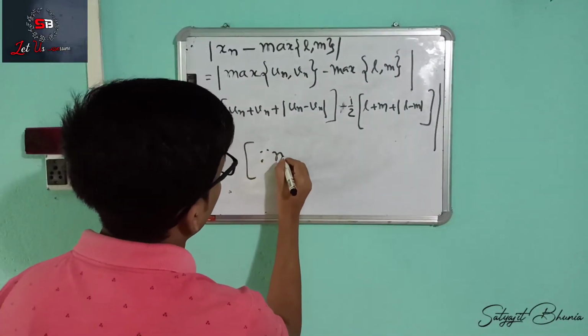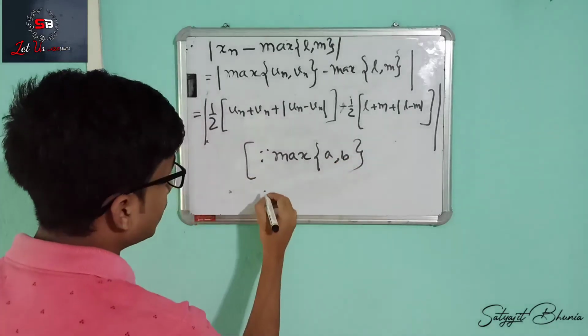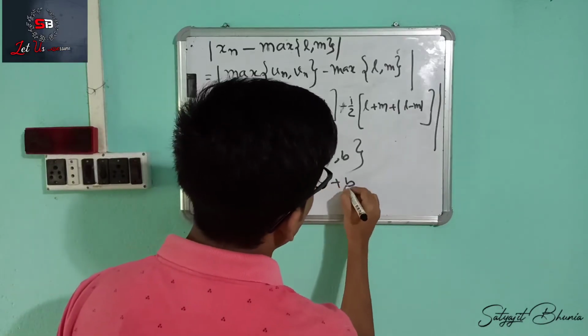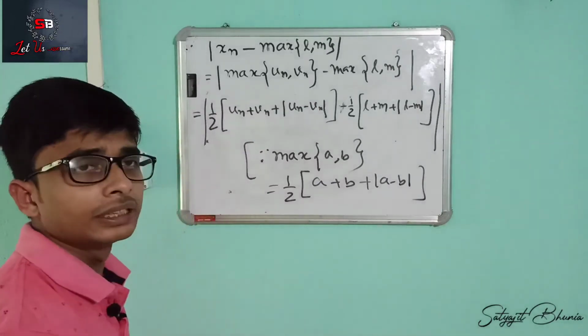Since the maximum between a and b can be written as half of a plus b plus mod of a minus b.